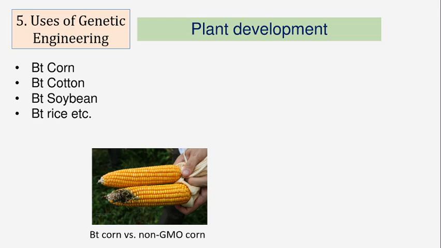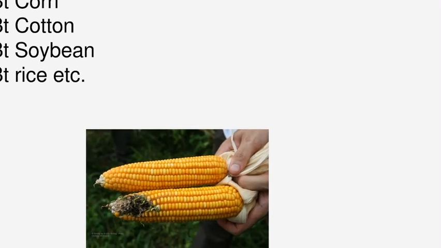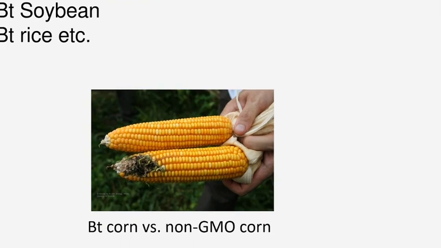At first, we see an example and comparison between BT corn versus non-GMO corn. As BT corn is a GMO corn and that is non-GMO corn, we find some differences. That is, the BT corn, the upper one, is healthy and it is not attacked, it is not infected by pests, whereas the bottom corn, non-GMO corn, is infected by pests and has been attacked.